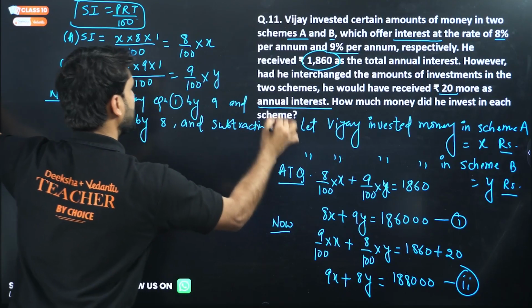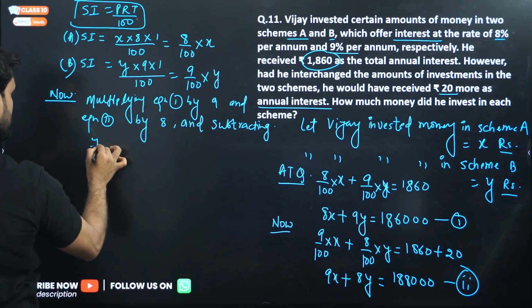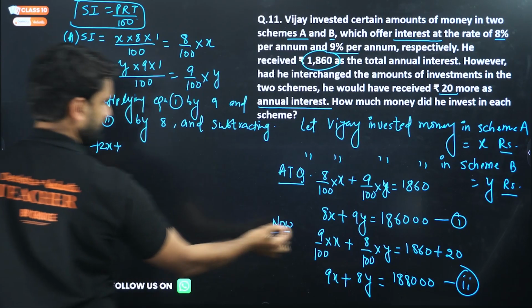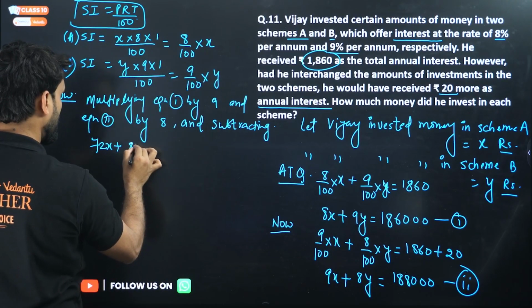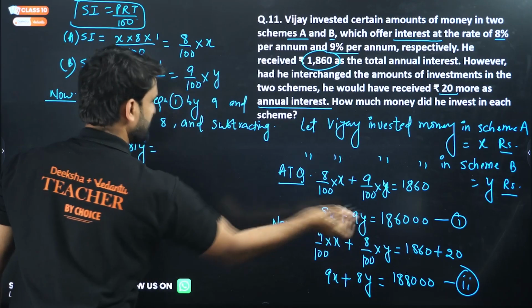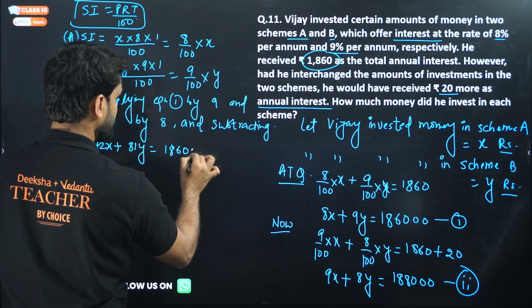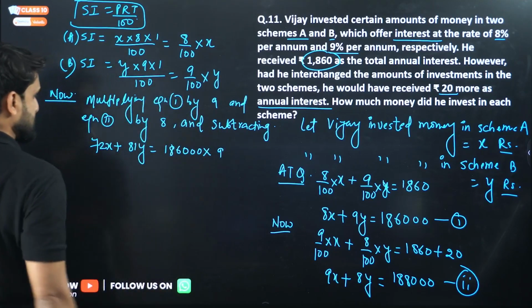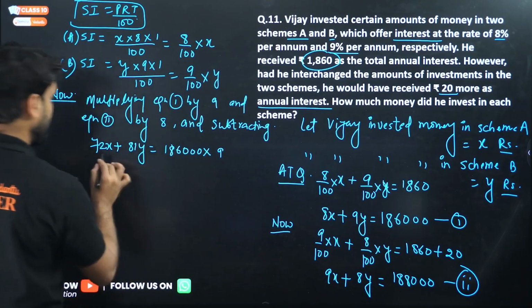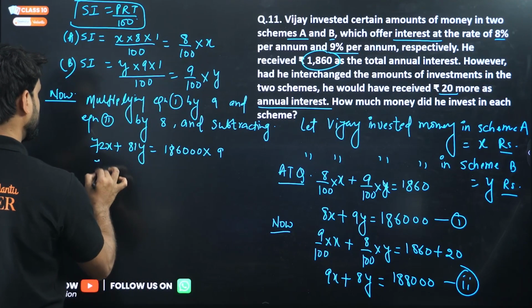So what will be the result, my dear lovely kids? Let's check it. This will be 72x plus this will be 81y equals to 186000 into 9, and this will be 8x, 9x, and I'm multiplying this by 8, so this will be 72x.